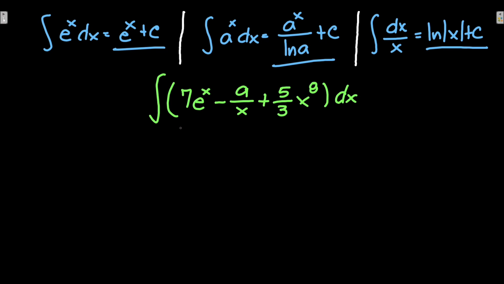For the next one, the integral of 7e to the power of x minus 9 over x plus 5 over 3 multiplied by x to the power of 8 dx. So as usual, split the integral into 1, 2, 3 parts.